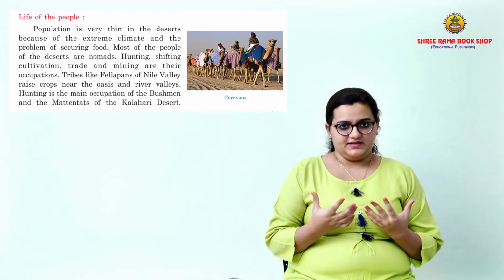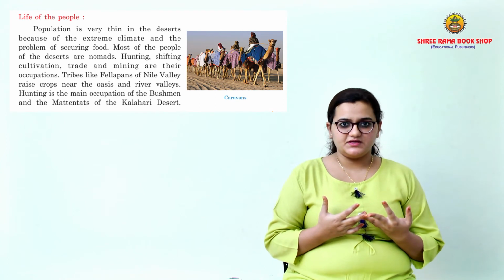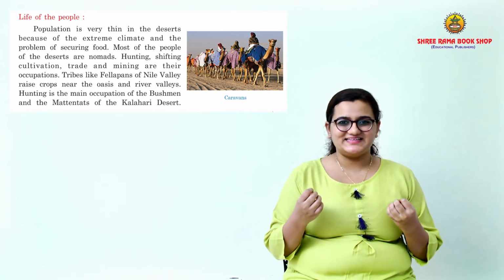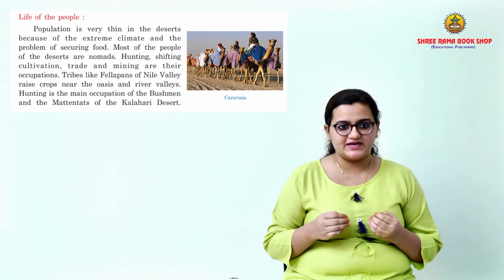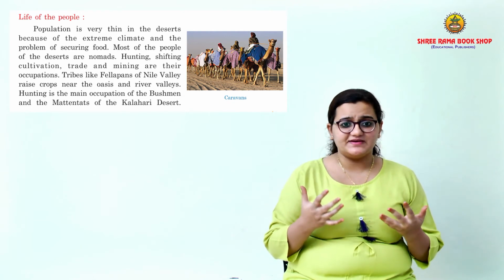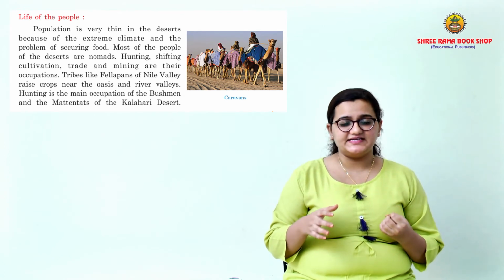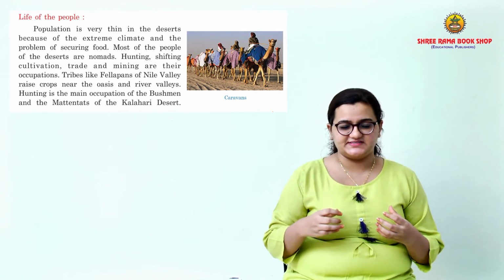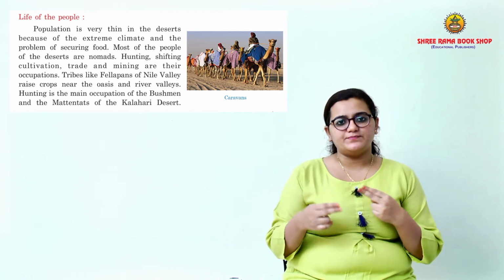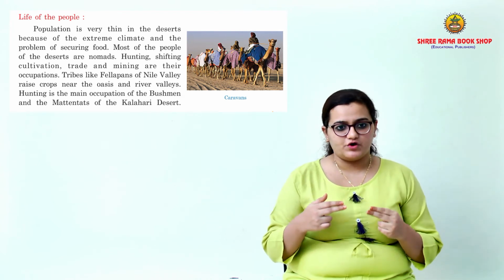Life of the people. So how is the life of the people living here? The population is very thin, that is, very less populated because of the extreme climate and the problem of securing food. Most of the people of the desert are nomads, that is, they don't live at a fixed place. They keep moving from one place to another in search of food.